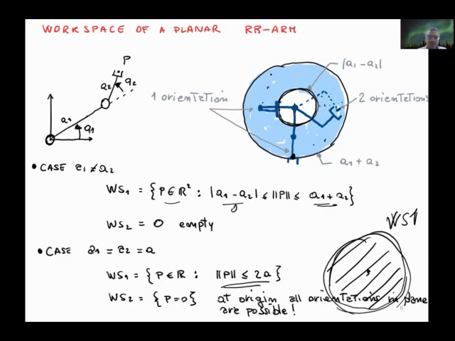And in the case of equal lengths, we know that if you completely fold the arm, we can put the end effector in the origin, and the origin can be achieved with any possible orientation. So the dexterous workspace contains the origin point.